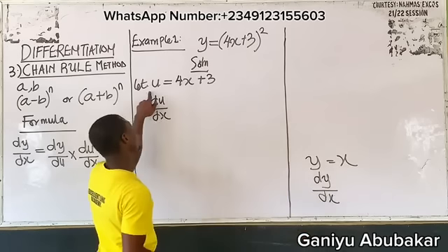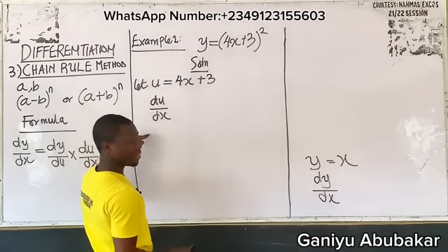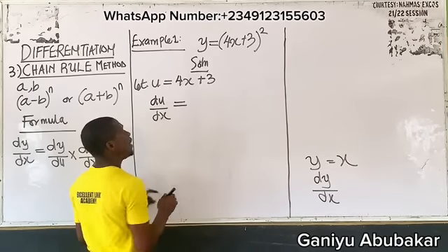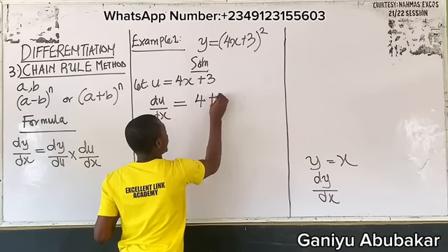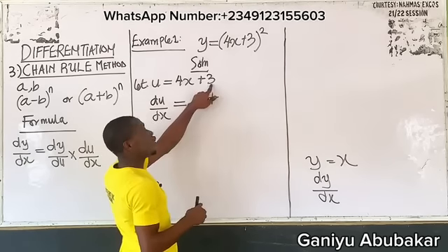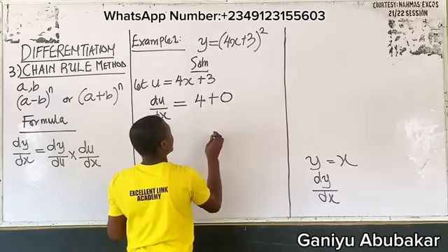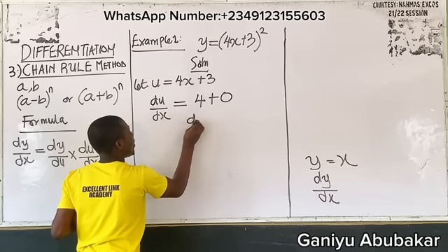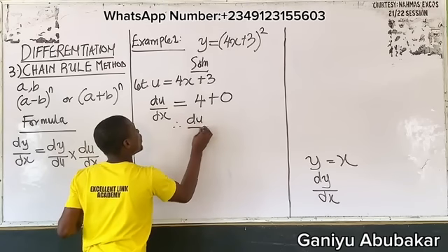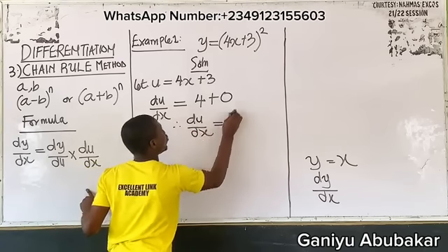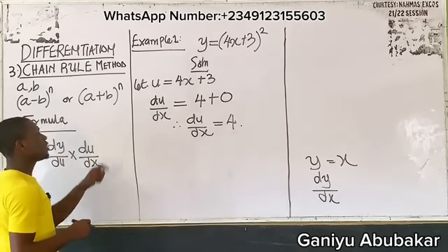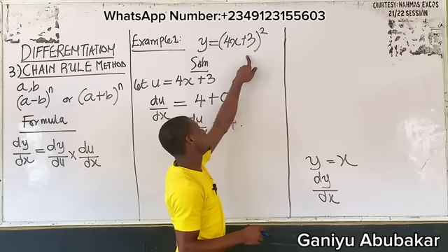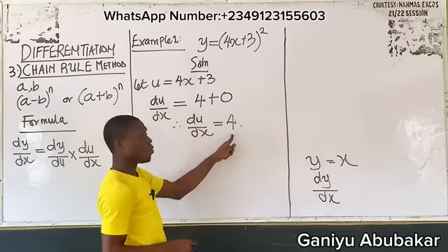Similarly, for u and x, du over dx is equal to, if I differentiate 4x, I have 4, plus differentiate 3, a constant term, which is 0. Therefore du over dx is equal to just 4. Keep it pending.